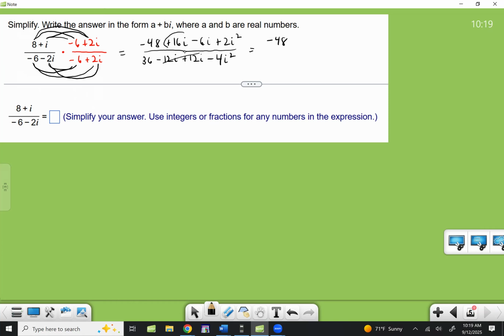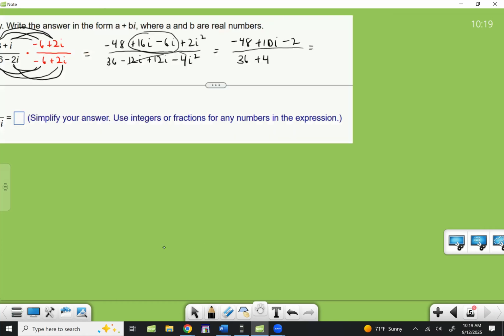When we combine these, we're going to get 10i. And then don't forget i squared is just going to change the sign on the 2 and make it 2. For the bottom, we have 36. And i squared is just going to change that from a -4 to +4. Let's see what we get.